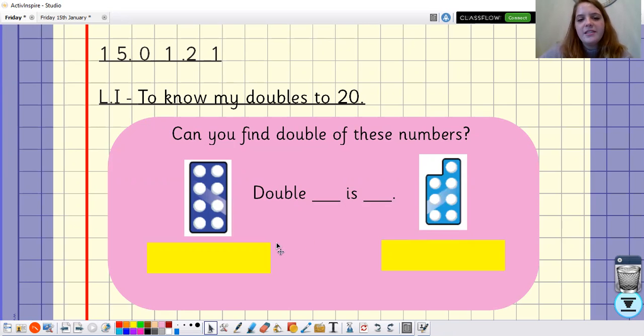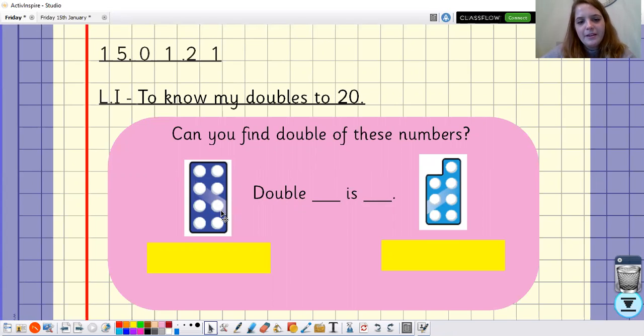I'd like you to write a sentence saying double blank is blank, for both of these numicon blocks. Now, if you'd like to, you can write an addition number sentence to help you to find the total. Or if you'd like to, you can draw the numicon block twice to find the answer to double of that number.